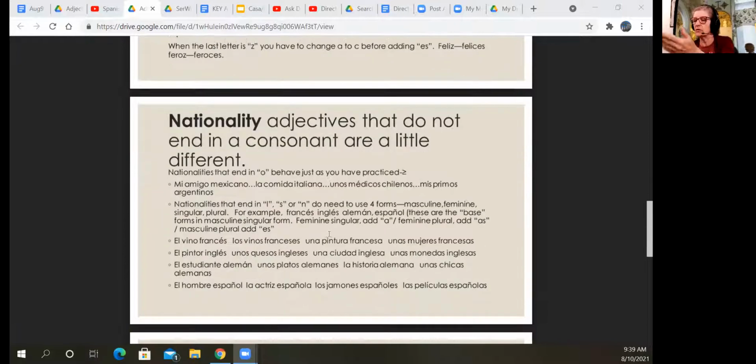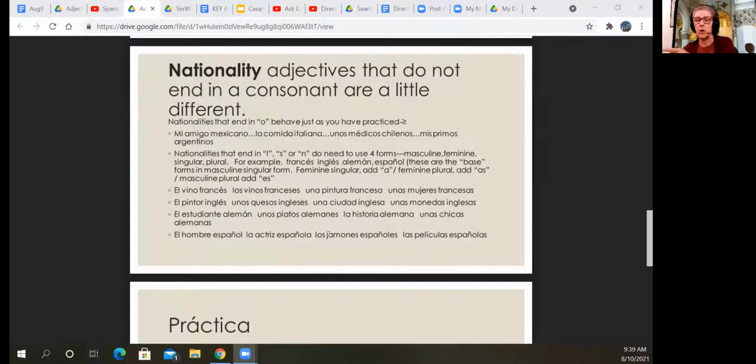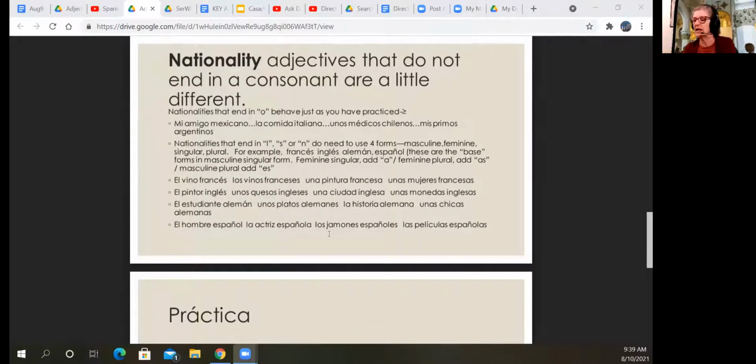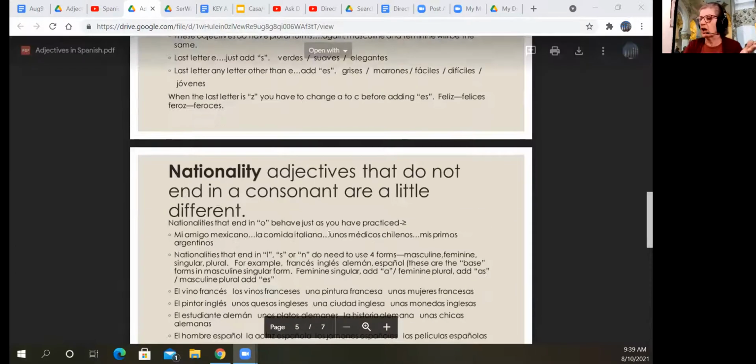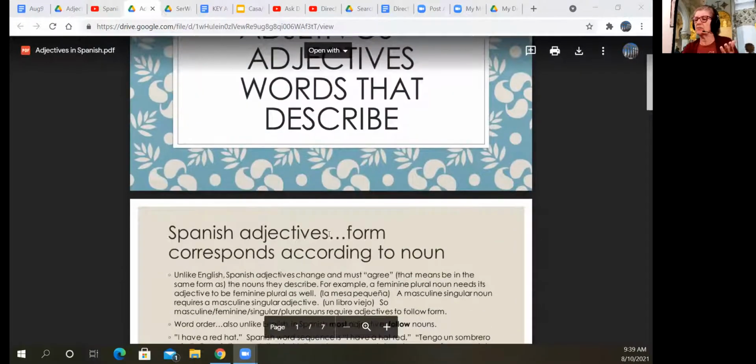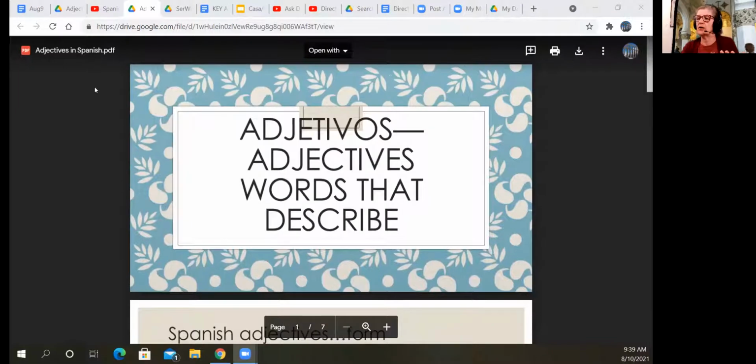I'll send you the link to this so you can see what happens with those, but I wouldn't get all twisted up about the nationality ones, because when you're talking with people, you'll generally be using other adjectives. You'll be describing things according to maybe their size, if they're big or small, or heavy or light, or colors, all those kinds of things. So those will be a little bit more common.